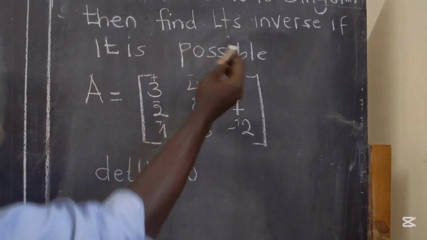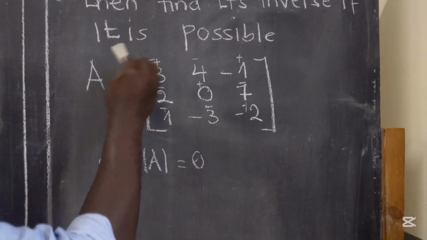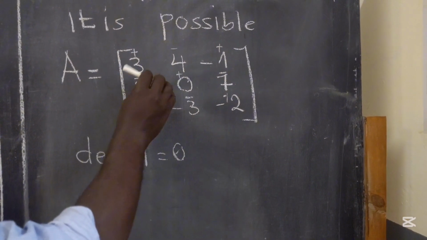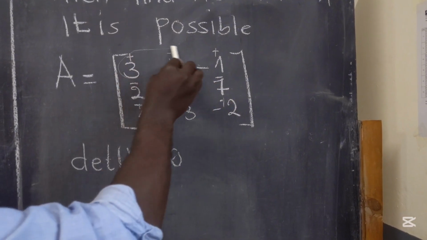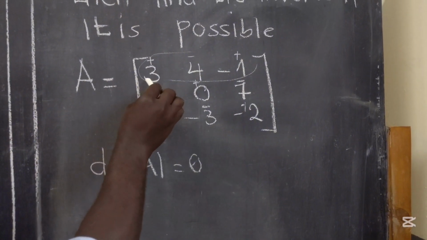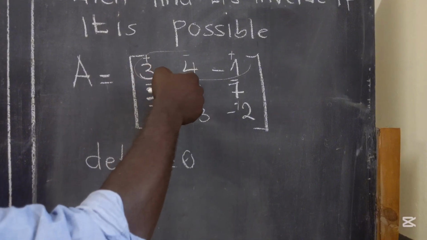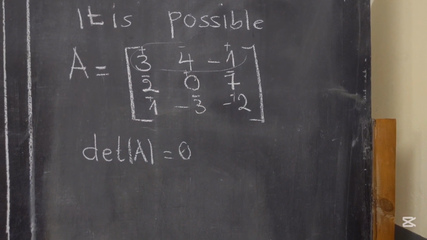Now we can start from any element, any position, whether it is a row or a column, but let us take this row of 3, 4 and -1.